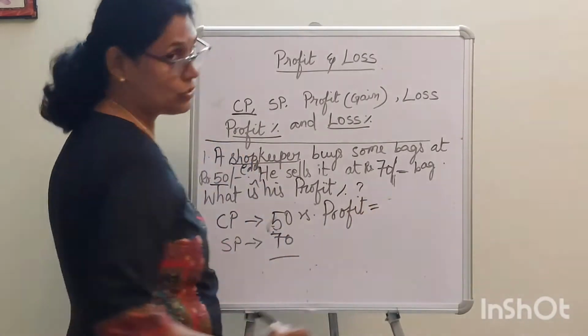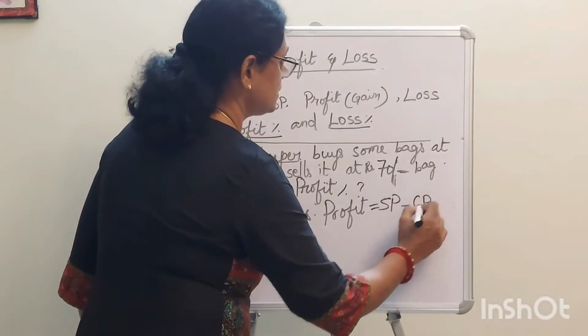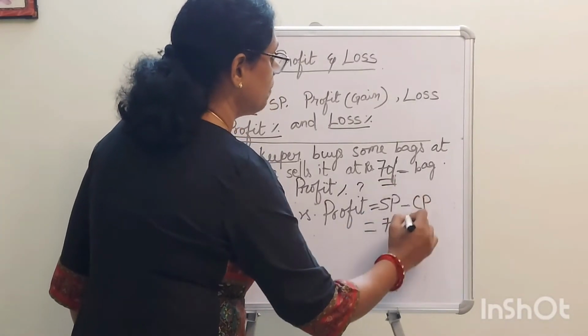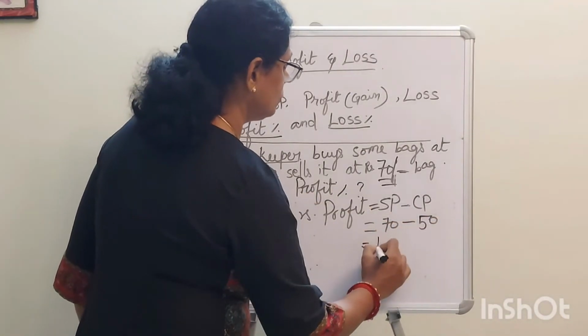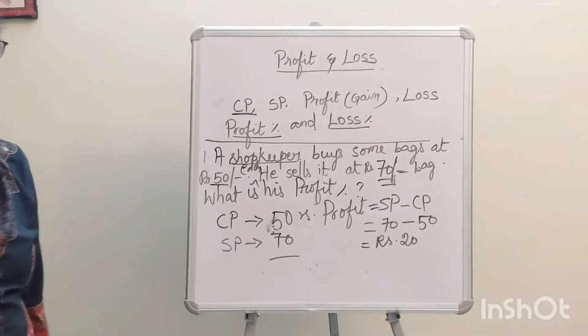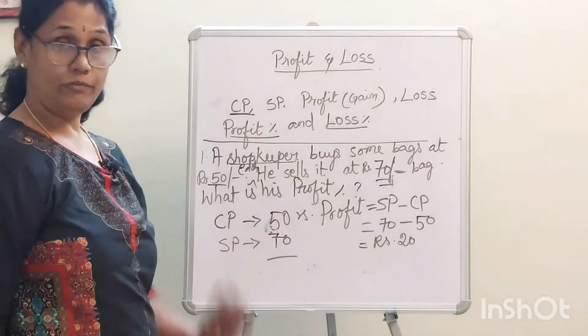Profit equals to selling price minus cost price, which is equal to selling price is 70 rupees minus cost price is 50 rupees, which is equal to rupees 20. Is that clear? So he has got 20 rupees profit out of 50 rupees.